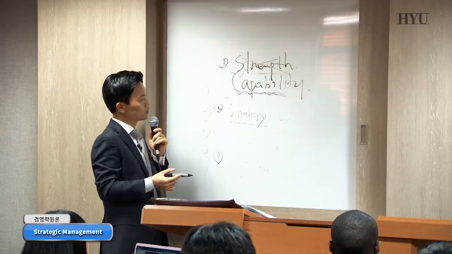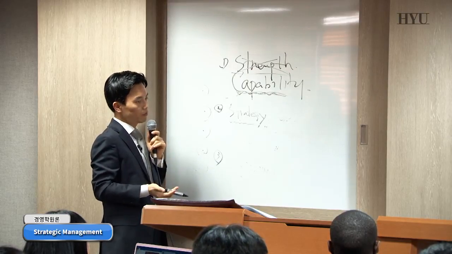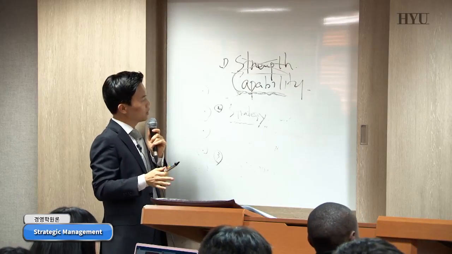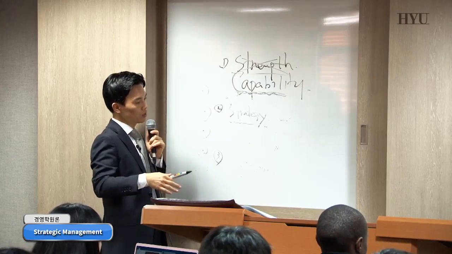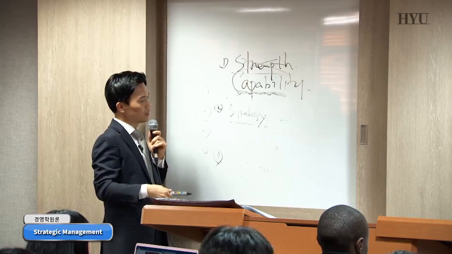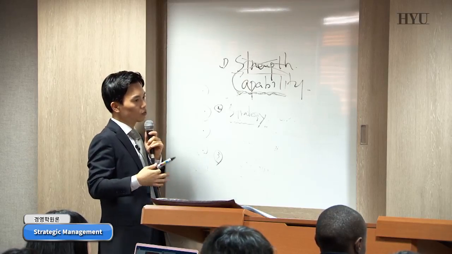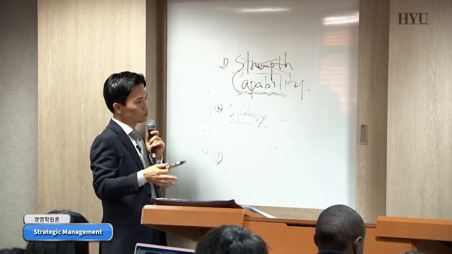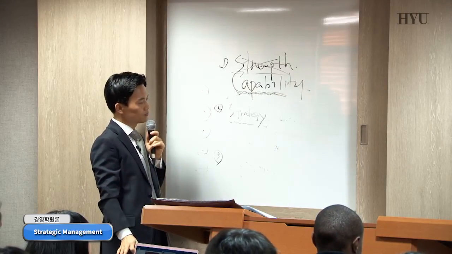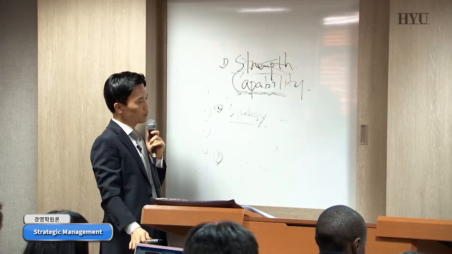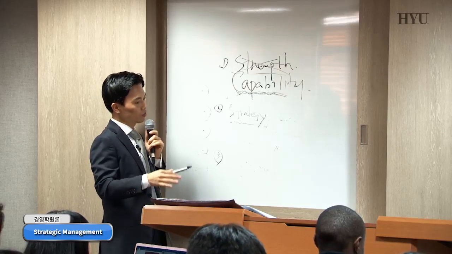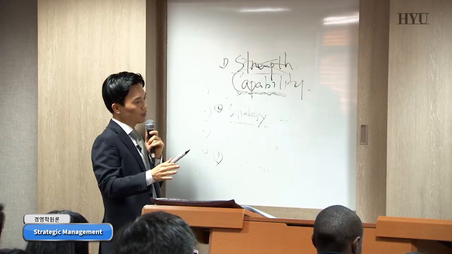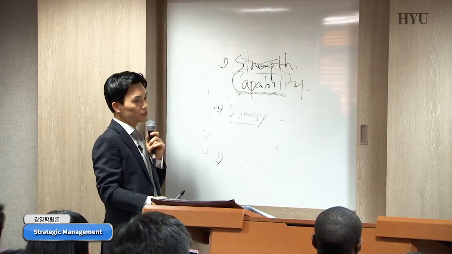So number 1 is cost leadership. Whatever the strategy of your firm or competitor, maybe it is cost leadership. They just try to lead in terms of cost. Right? Cost leadership simply means trying to do something at lower cost. So lower cost means the company tries to achieve something by low price, simply said, right?